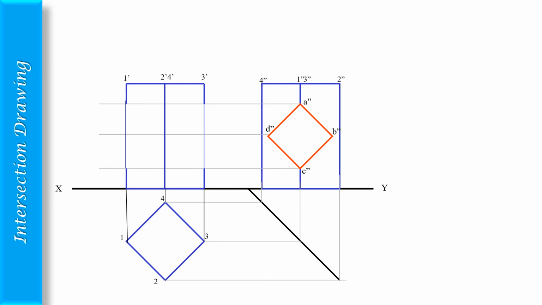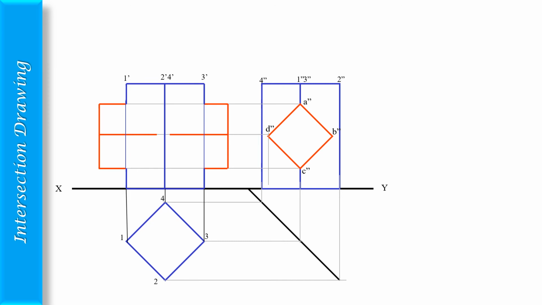It is a 70 mm axis, so from the center keep 35 on this side and 35 on this side, and connect it, and you will get this object.